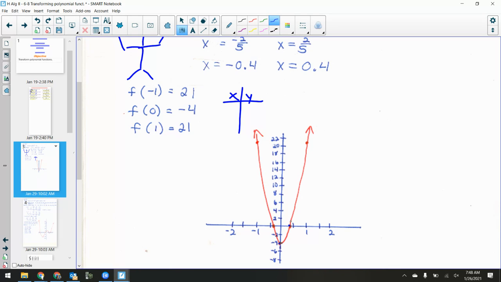Since I know that it's going up on the right and up on the left, I would only really need one point in that table: 0, comma, negative 4. I plug in 0, I get negative 4. But it might be a good idea to make a couple more points just to see what's happening on the left and right side. How steep does it go up? So that's why you see here f of negative 1, and then f of 0, f of 1.